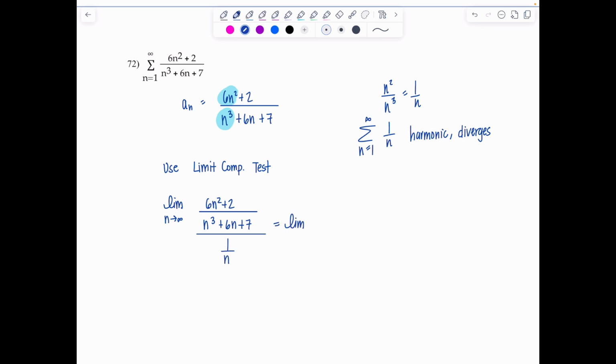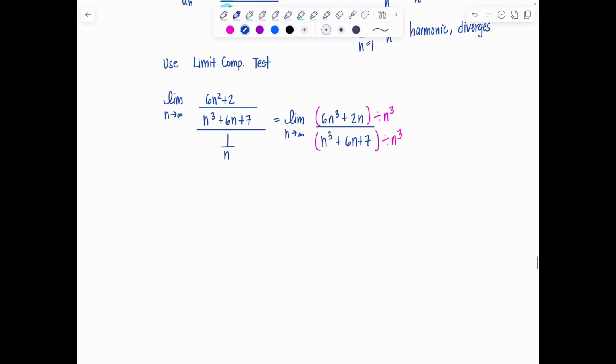So now let's simplify. This is the limit as n goes to infinity. Let me multiply that n through the numerator. So it's going to become 6n cubed plus 2n. And then down here we still have n cubed plus 6n plus 7. And then to take the limit, let me divide by n cubed.